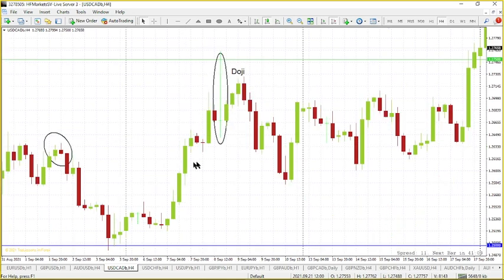Okay, so what else do we have? This is a perfect doji. I can accept this to be a cross doji. I can accept it to be a dragonfly. I can accept it to be a gravestone. You know why? Sorry, I can't accept it to be a dragonfly because a dragonfly will open and close at the top here.